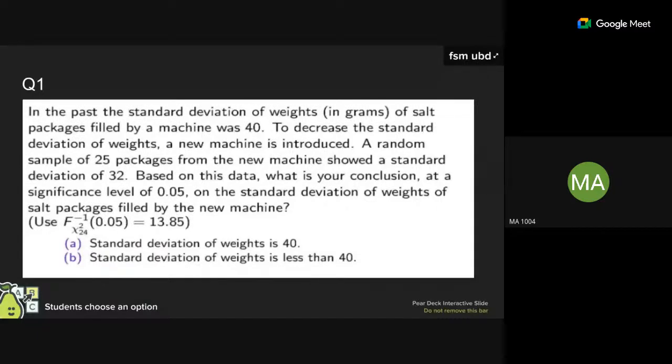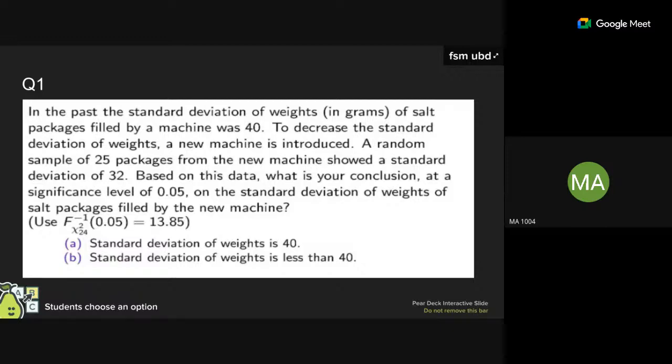Here a new machine is introduced to decrease the standard deviation. So we are testing our null, sigma equals 40, against the decreased standard deviation. Decrease means our sigma should be less than 40.